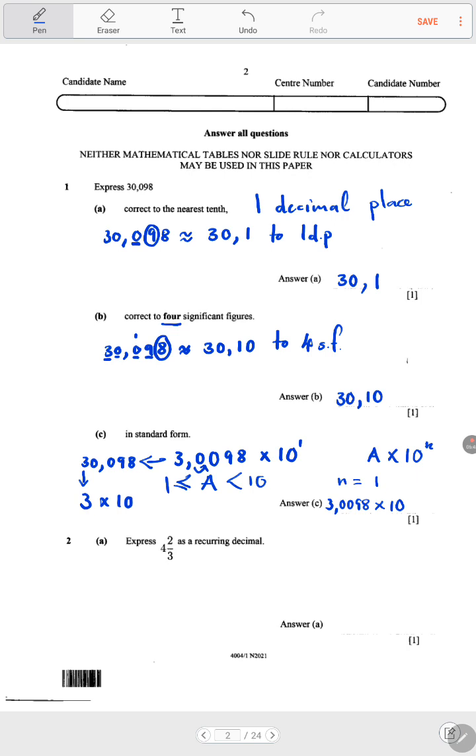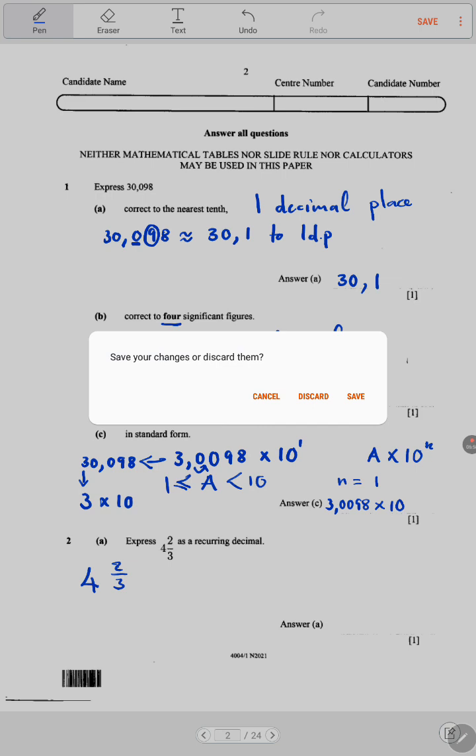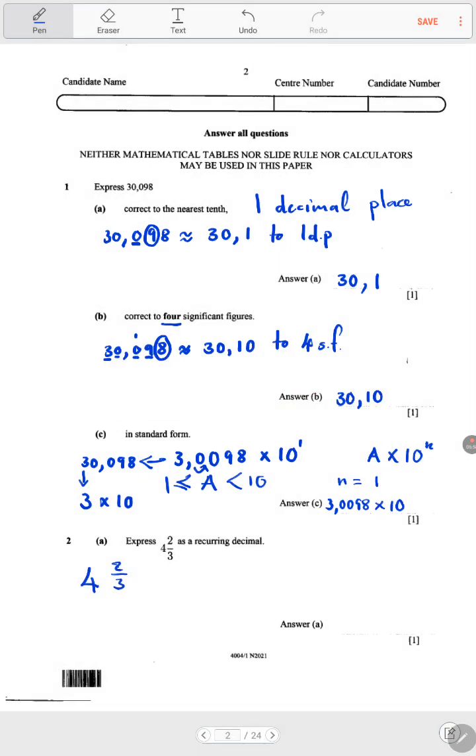We can change this value, which is 4 2/3, to an improper fraction, and you're going to get 3 times 4, that's 12, plus 2, you get 14/3, right?